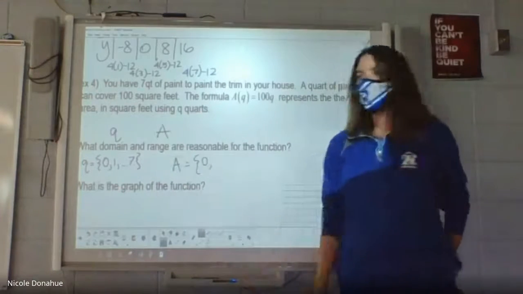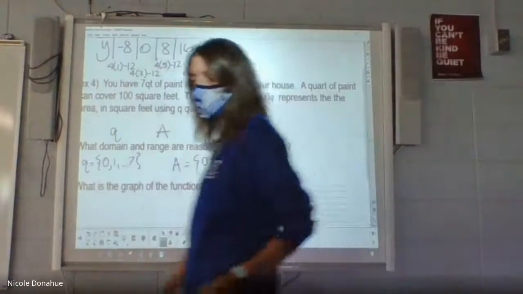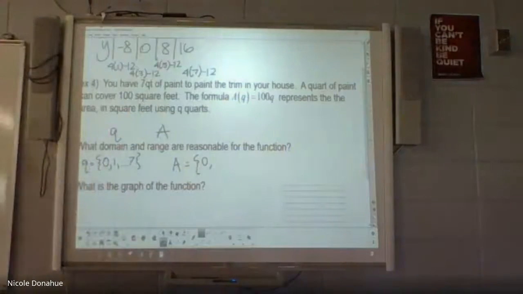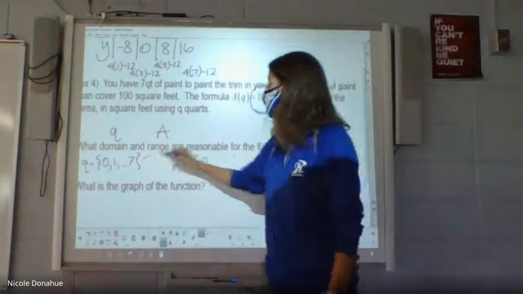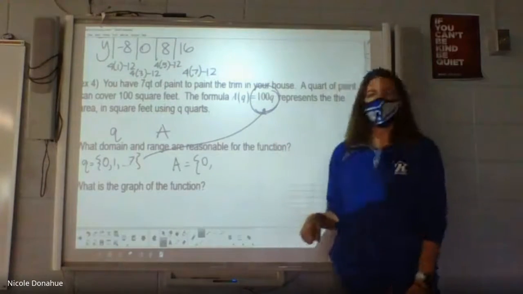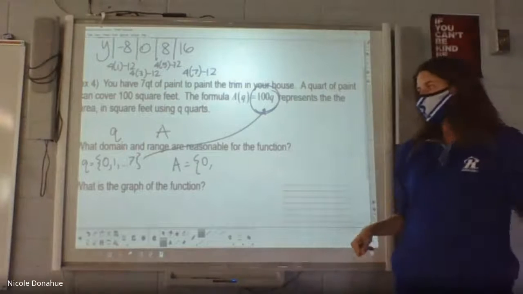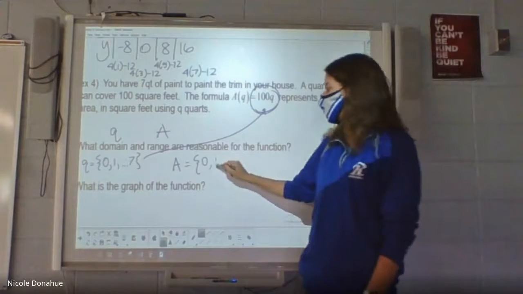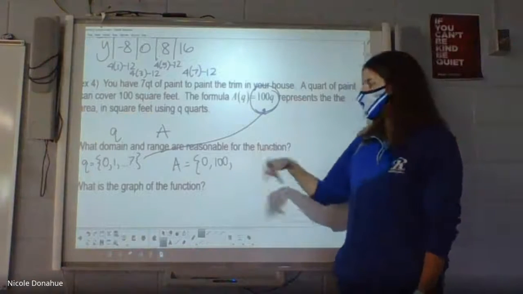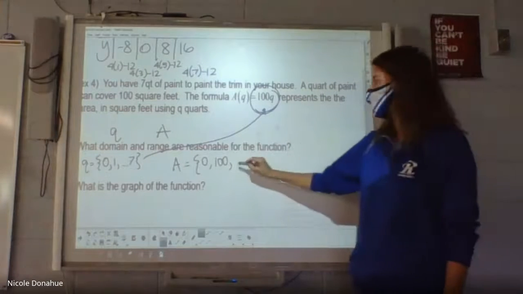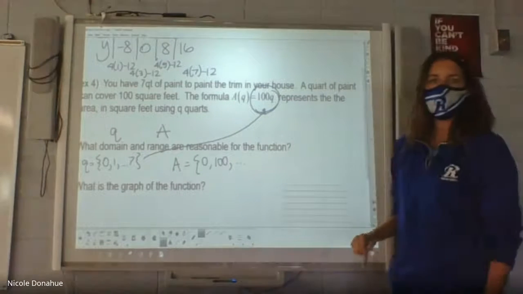What happens if I use 1 quart of paint? How much is getting painted? There's an equation up there, you guys. 100. It's 100 times Q. So I'm taking these Q values and putting them into that equation. If I use 1 quart of paint, I'd paint 100 square feet. If I had 2 quarts, I'd have 200 square feet. If I had 7 quarts, how much would I paint?